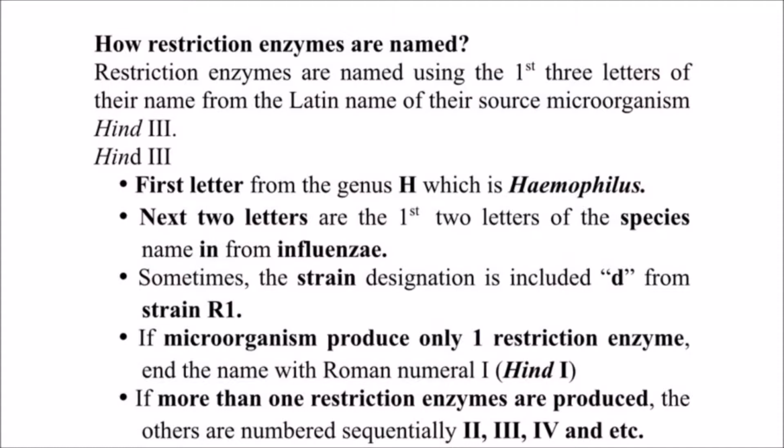Sometimes the strain designation is included, d from strain Rd. If the microorganism produces only one restriction enzyme, the name ends with Roman numeral I. If more than one restriction enzyme is produced, the others are numbered sequentially: Roman numerals II, III, IV, and so on.